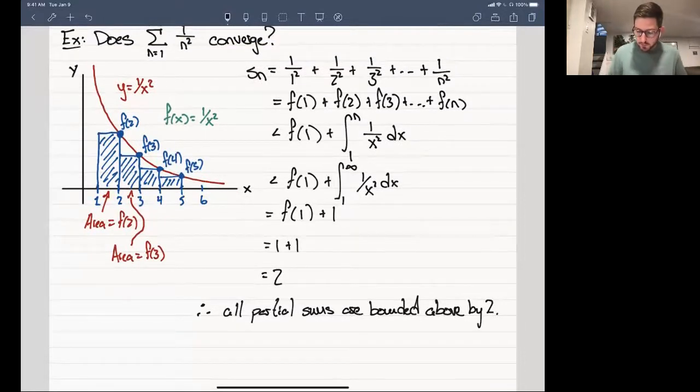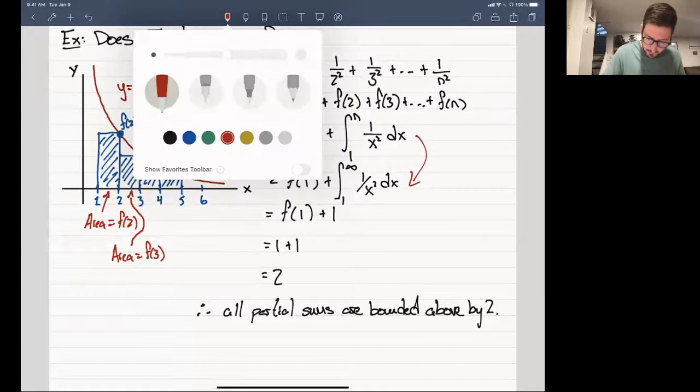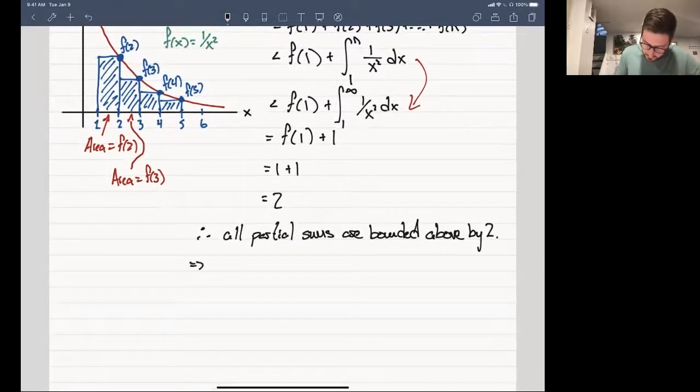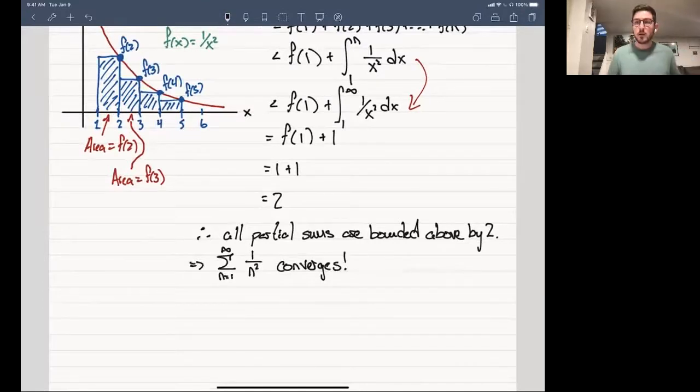The jump from each partial sum in terms of n to all partial sums for every n comes from right here, from letting the upper integration bound go from n all the way up to infinity. And so from our result, this implies that the sum of n equal 1 to infinity of 1 over n squared converges by that result that I just had on the previous board here.